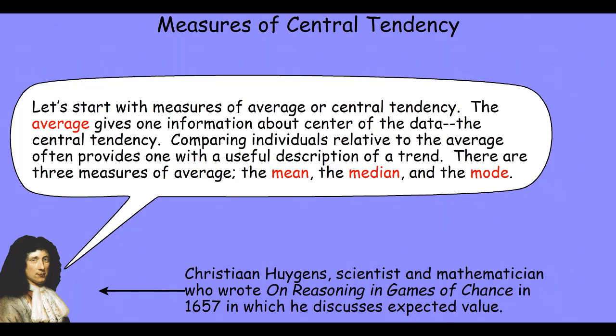Comparing individuals relative to the average often provides useful information, descriptions of trends, relationships between individuals, or individuals and groups, or between groups. Now, there are three measures of average: the mean, the median, and the mode, and they each have their way of picking out the central tendency that is useful for some things.